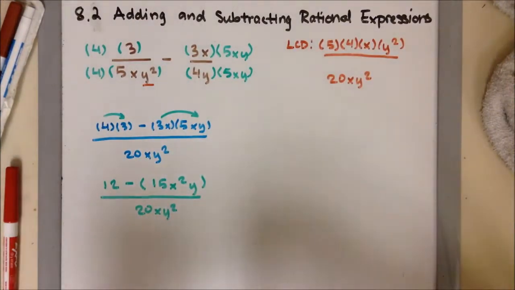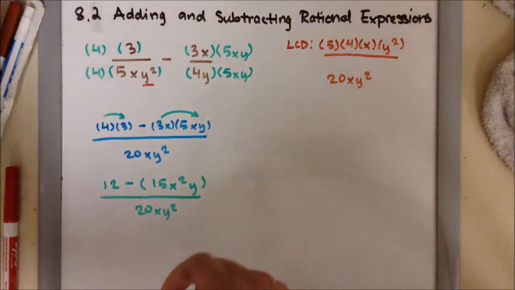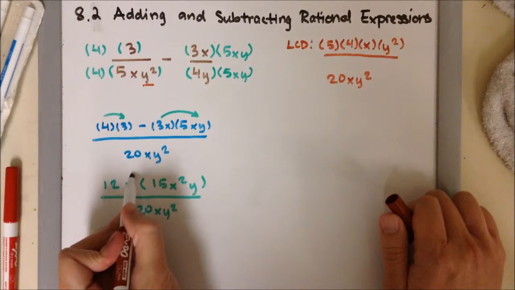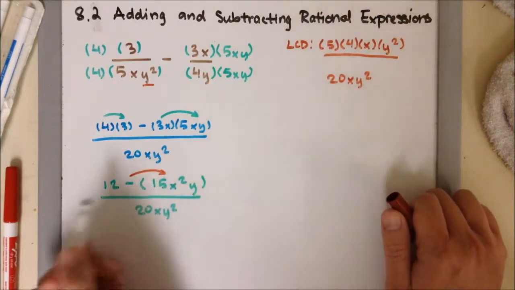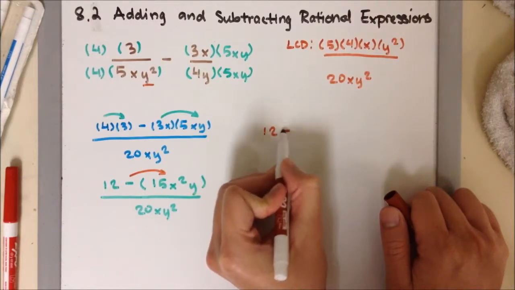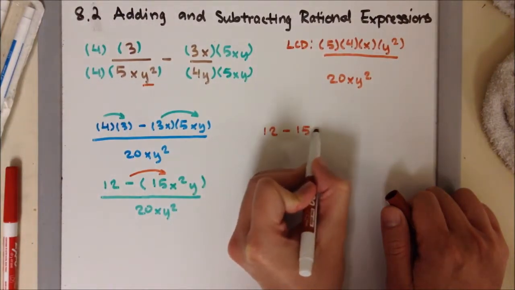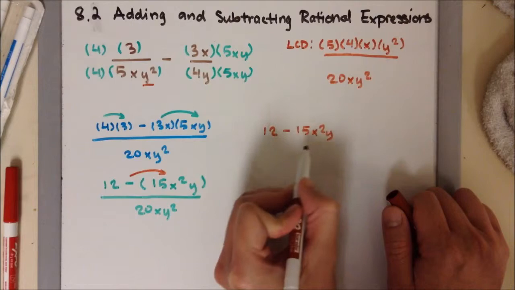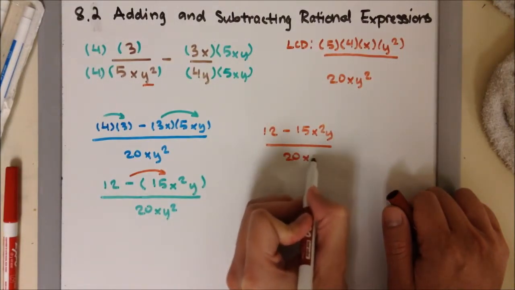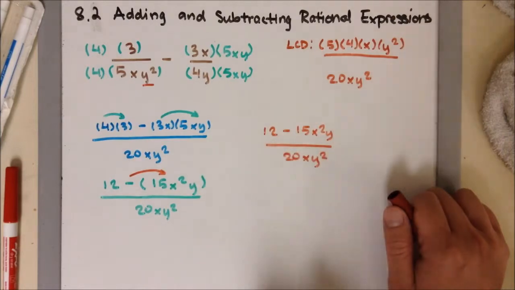Now, I'm going to distribute my minus, so that way I want to make sure I have the right sign for the term that I have here. So when I distribute, I'm going to have 12 minus 15x squared y over 20xy squared.